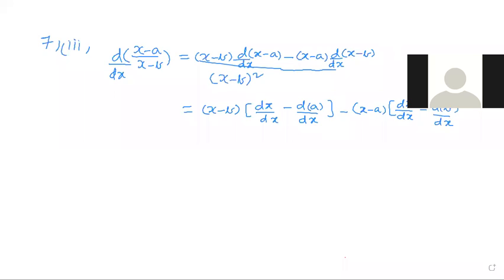What is the denominator? The denominator is x minus b whole square.